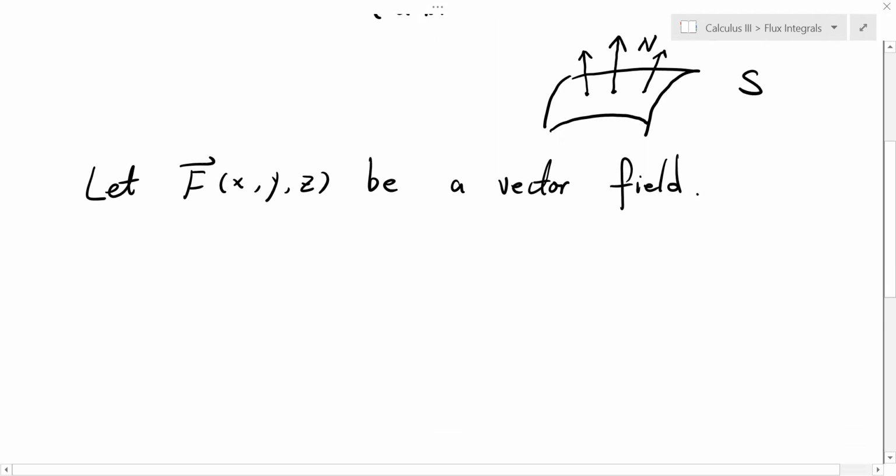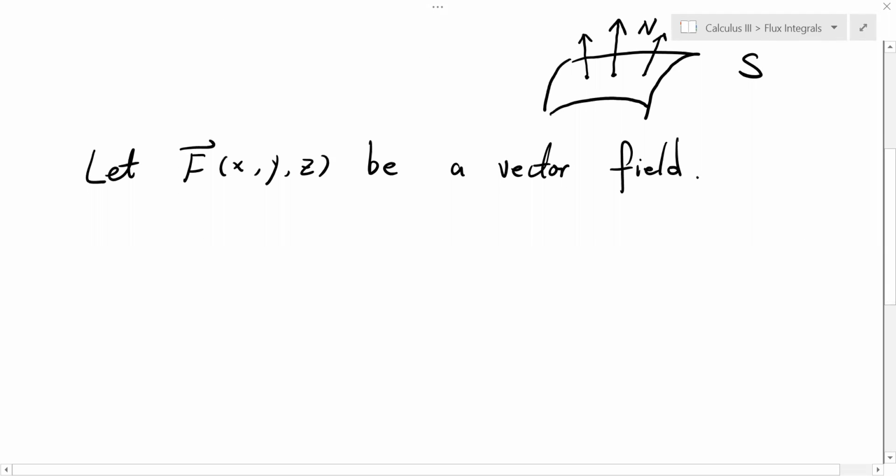Then we could talk about the flux integral of this vector field on the surface, which is denoted as F dot product with capital N dS. So that will be the notation for the flux integral of this vector field.